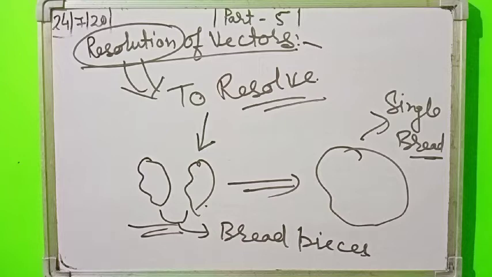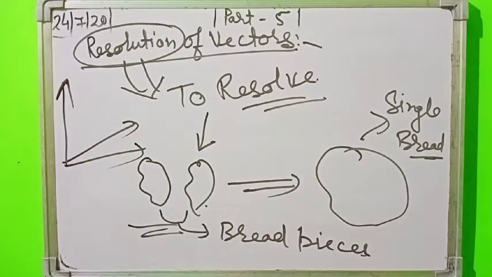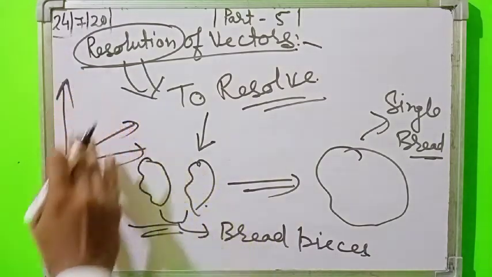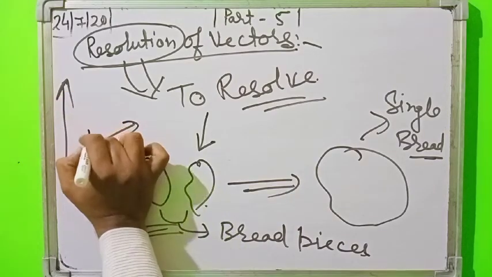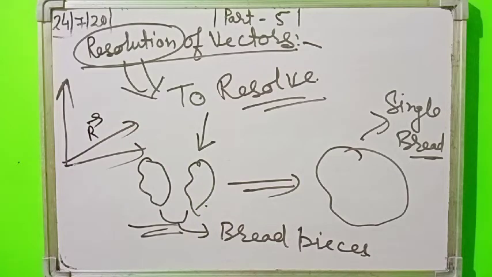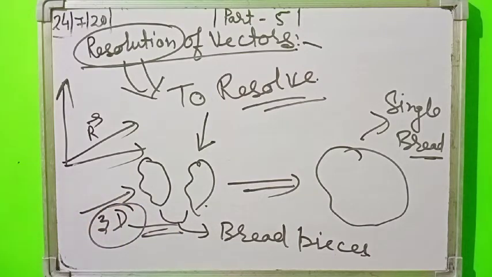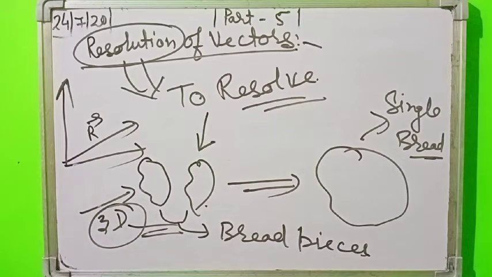In a similar way, if there is a vector in two dimensions, then it can be resolved into two fragments, because it must have two components in horizontal and vertical directions, whose sum gives the resultant R. If this is a vector in three-dimensional space, then it must be resolved into three fragments that combine together to give this single vector.